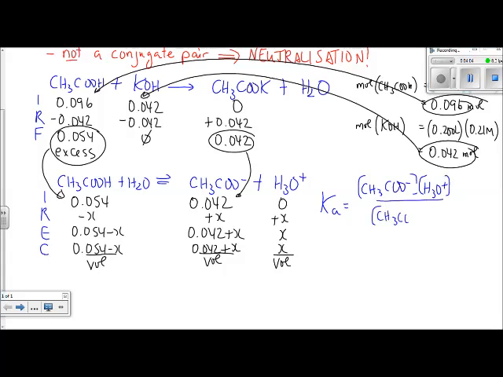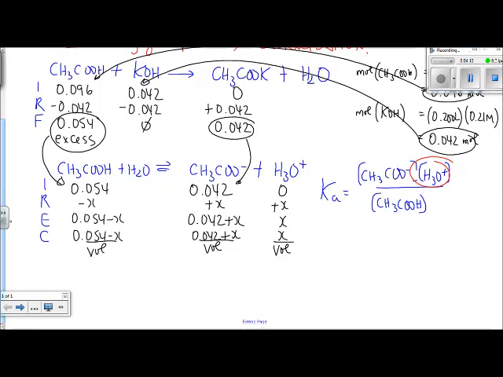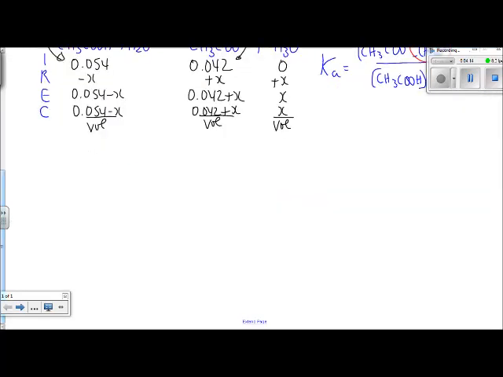So because it's pH we're after, we'll look for the molarity of H3O plus. We'll solve for that. So we'll rearrange the equation so that we're solving for H3O plus, which will be given by the Ka multiplied by the ratio of acid over conjugate base.